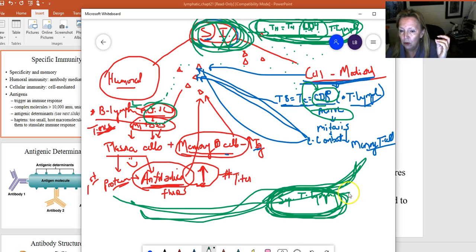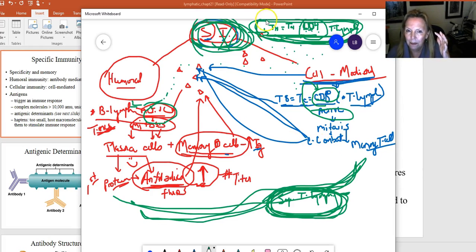So some of the newest research is targeting whether there's something going on with the suppressor Ts not limiting the response the way that it should. These responses are wonderful. Usually they work just right. And again, they allow us to get out of infancy and to have days that we're well, because we have memory of things and we don't have to keep getting sick and getting over things.